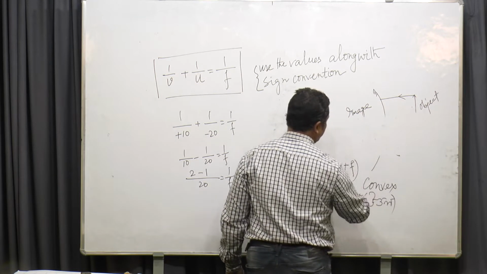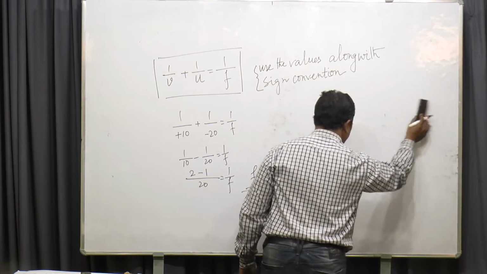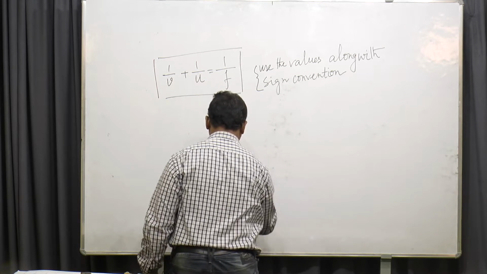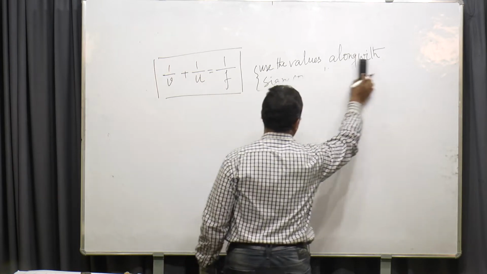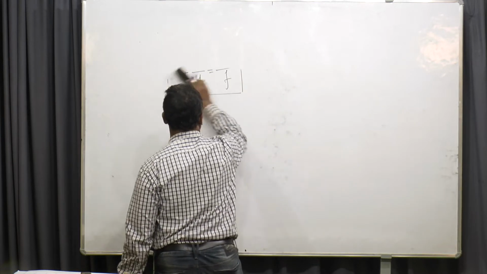Now how you can draw an image of convex or concave, whatever it may be? Generally you have 5 different places where you can place your object.